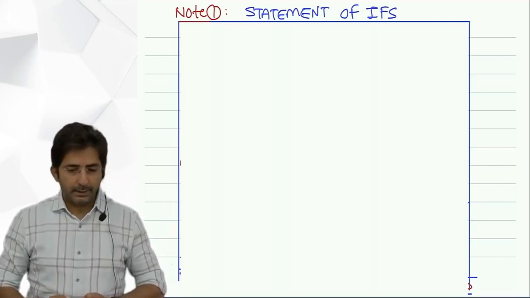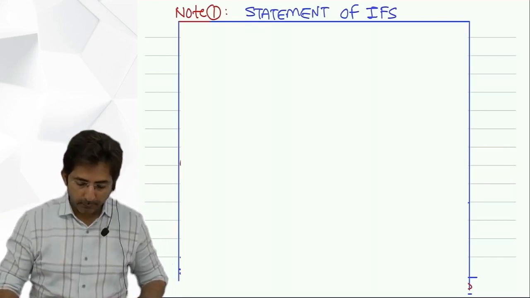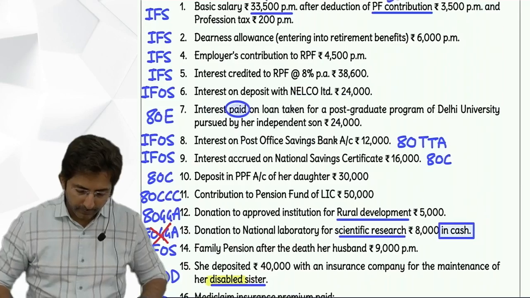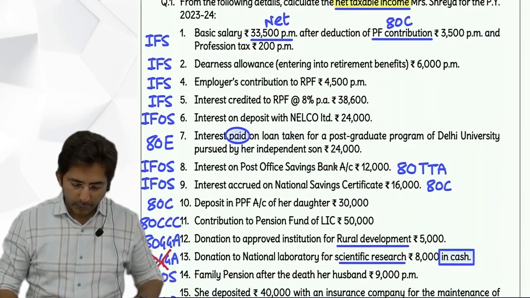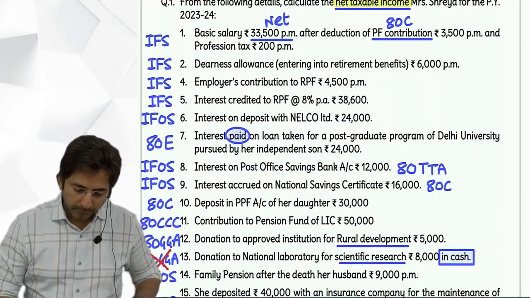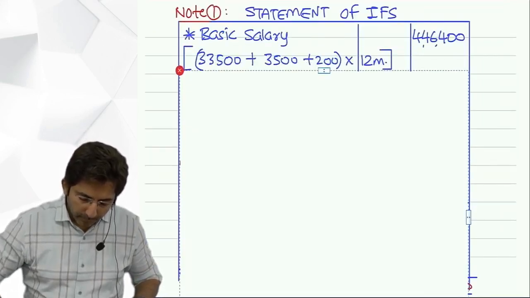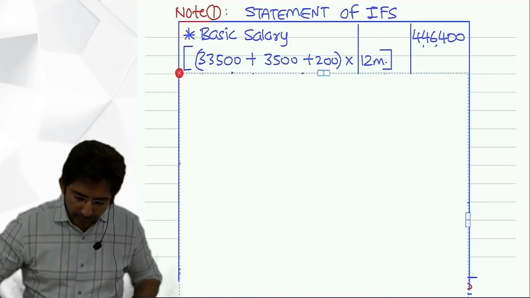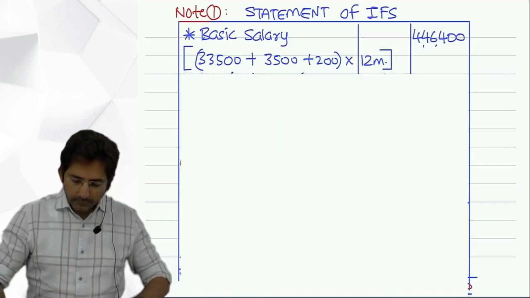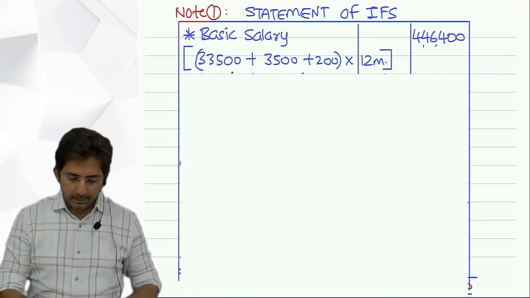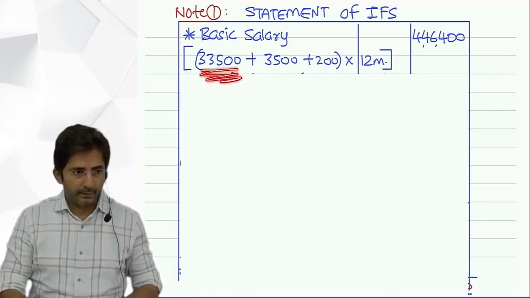Income from salary, ready? Fast. Income from salary, first point, basic salary, but you will have to gross up. Basic salary is 33,500.